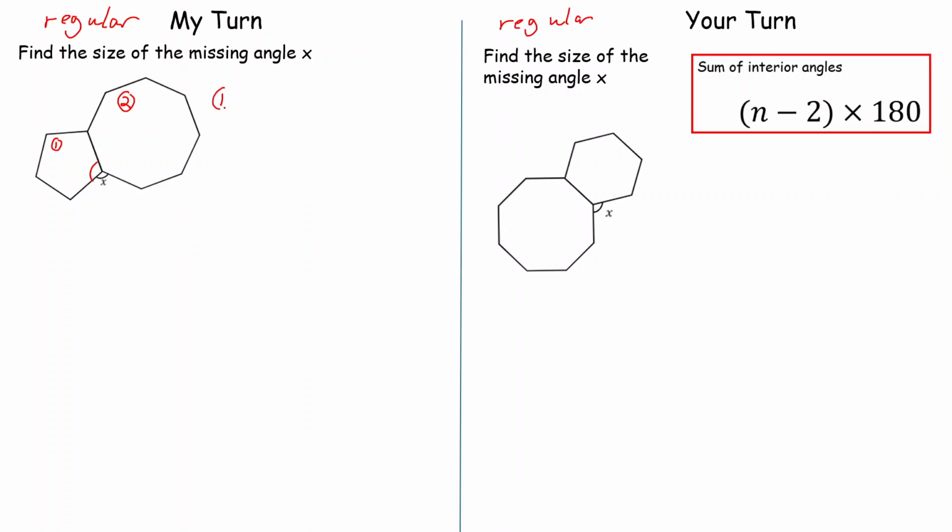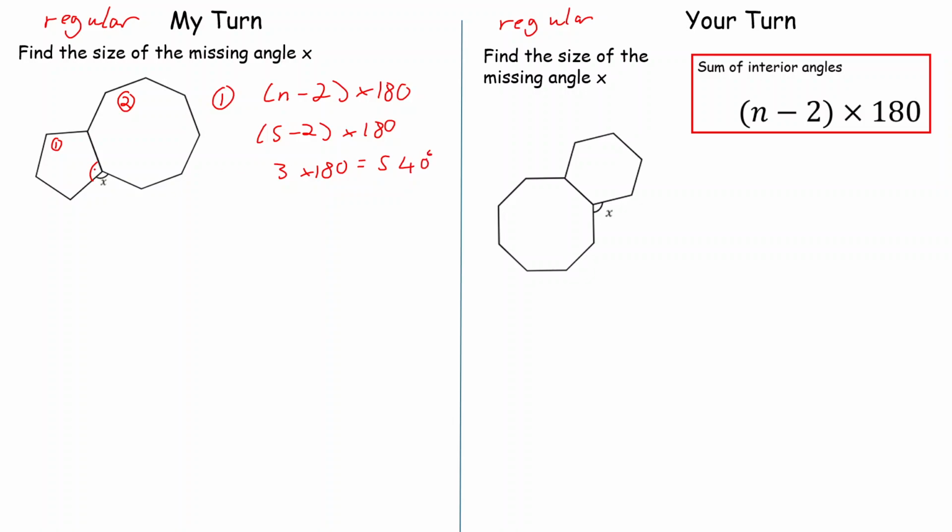Again, we know that the sum of all of the angles in shape 1 is going to be n take away 2, times by 180, where n is 5 because it's a pentagon, so it's going to have 5 sides. So 5 take away 2 times 180. You've got 3 times 180, which is equal to 540 degrees.